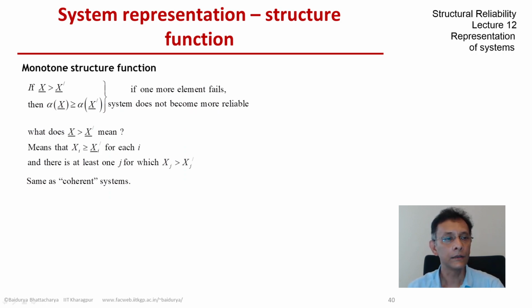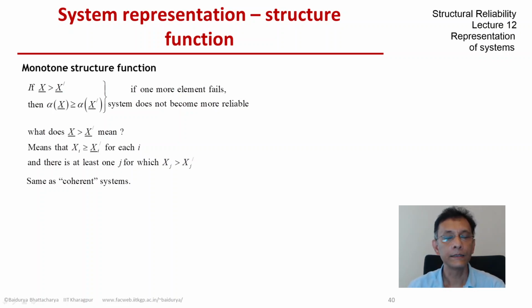So in terms of the formal definition, if two state vectors x and x prime are such that x is greater than or equal to x prime, as we have defined on the screen, then alpha of x will at least be equal to alpha of x prime.